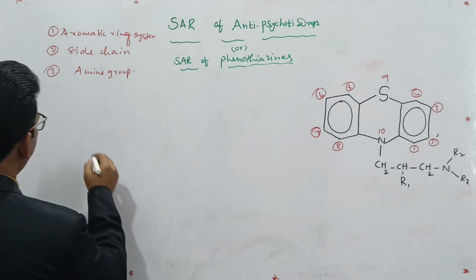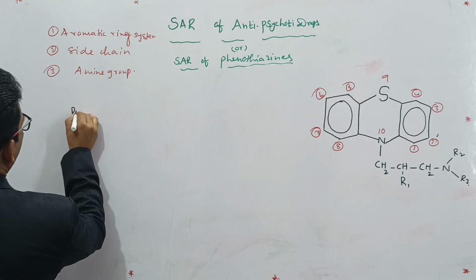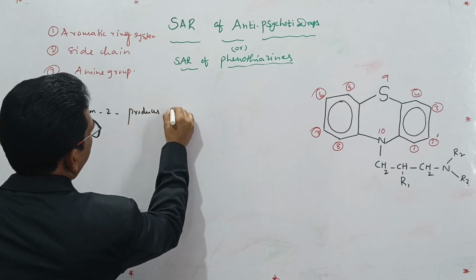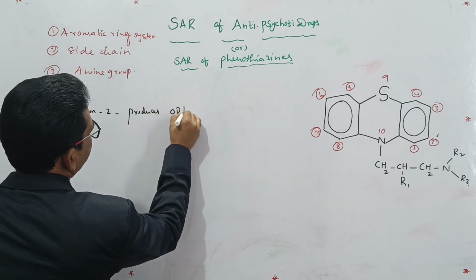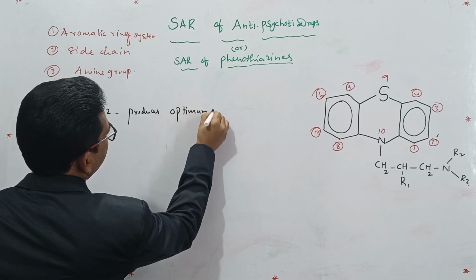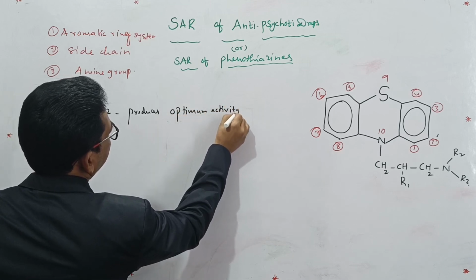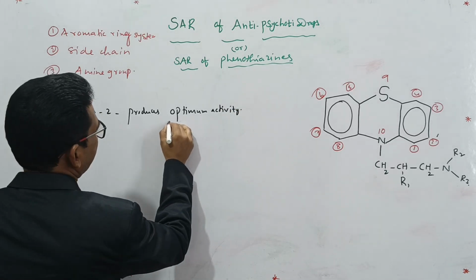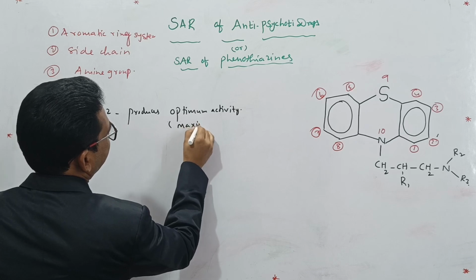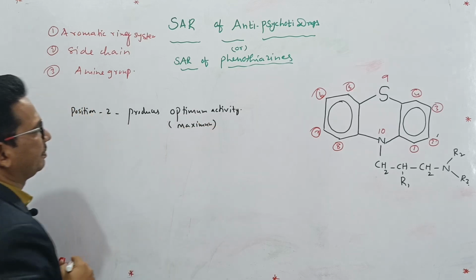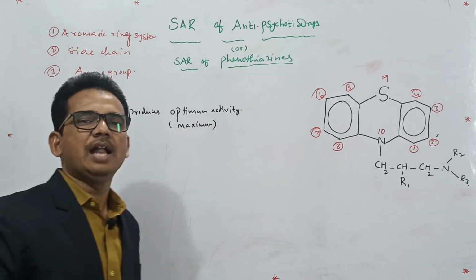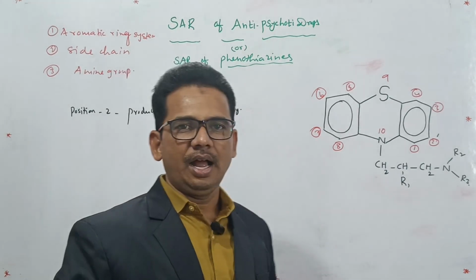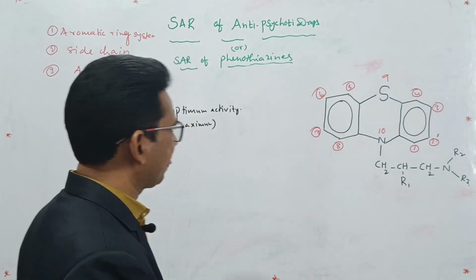Because position 2 produces maximum activity, that is called the optimum activity. What activity? Antipsychotic activity, because this class comes under the antipsychotic drugs.